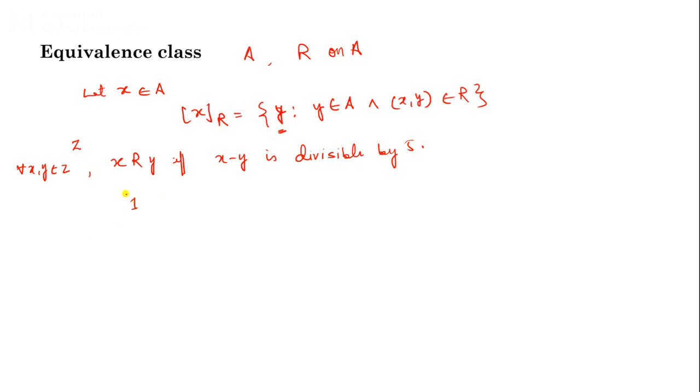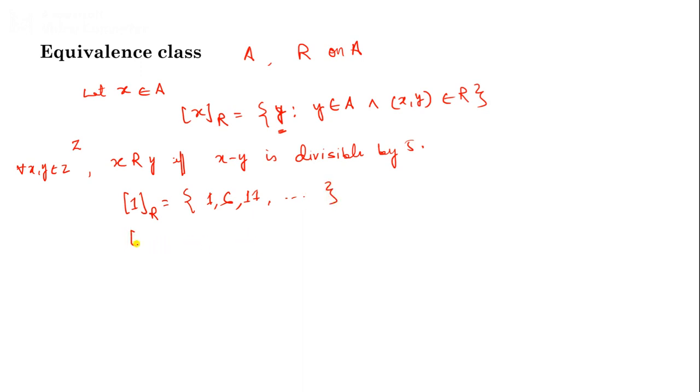This will be all the elements y such that y minus 1 is divisible by 5. 1 minus 1 is 0, divisible by 5, so 1 is the first element. Second element, 6 minus 1 is 5, divisible by 5, so the next element is 6. Similarly, next element 11 minus 1 is 10, and so on. In this way you can find the equivalence class of 1.